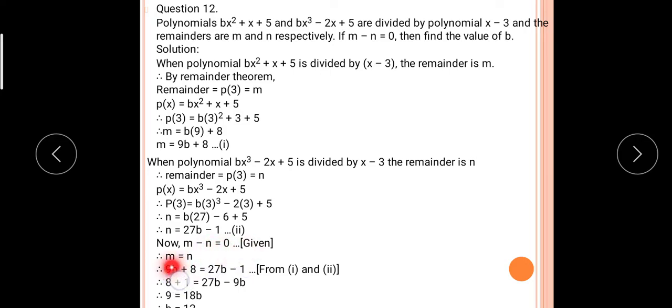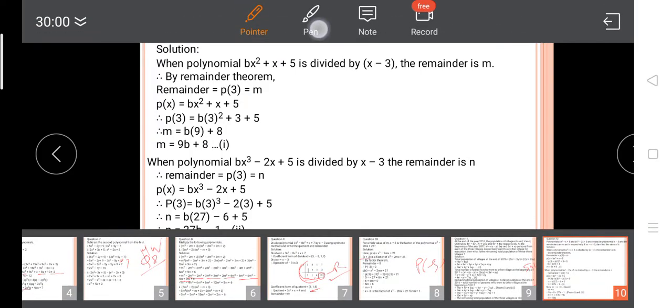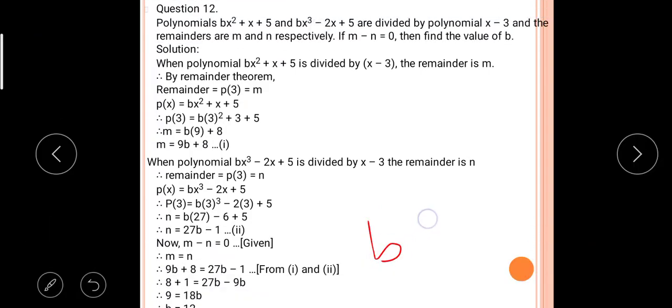It means that m is equal to n. So from the first and second, they are equal. So 9b you have to shift this side, and 8 plus 1 is 9, and 27b minus 9b is 18b, and therefore b is equal to 18 divided by 9.